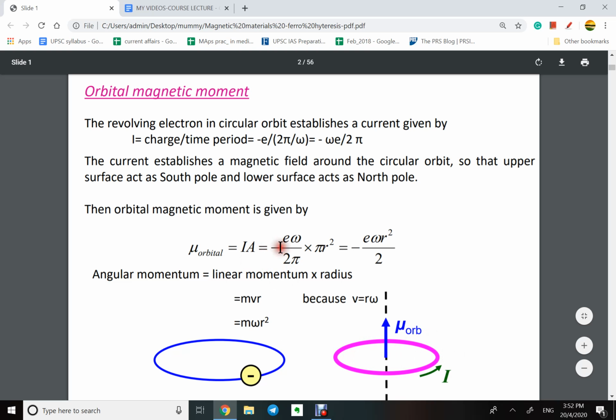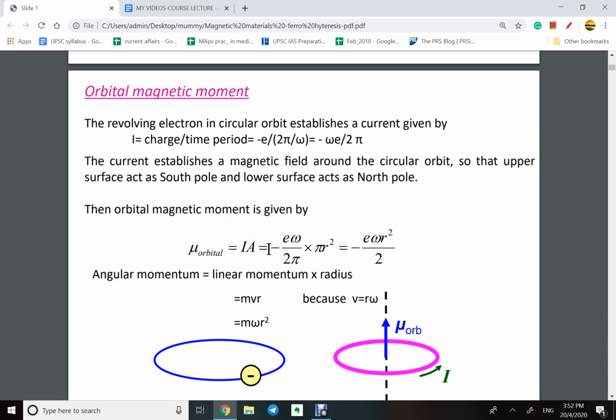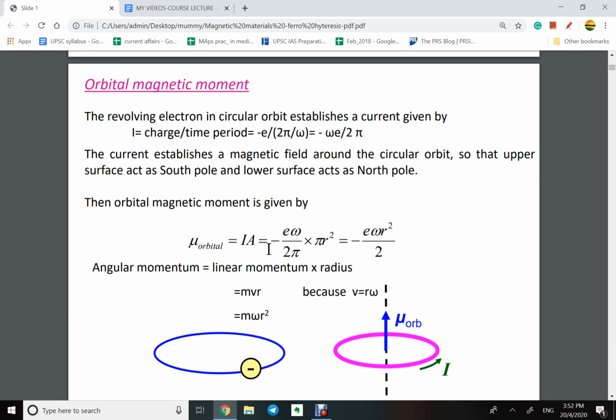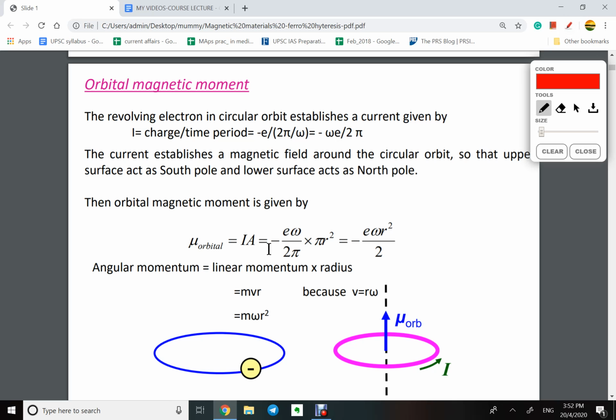This is equal to minus e omega by 2 pi, where this is the current part, which I told you already. Pi r square is the surface area.